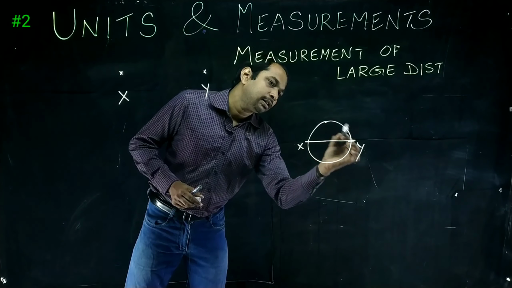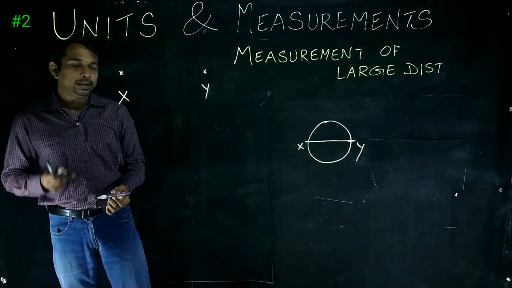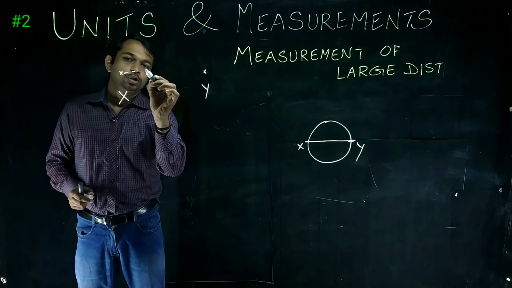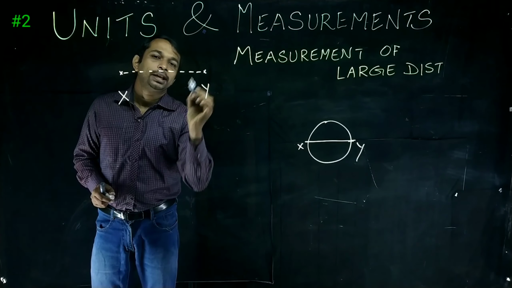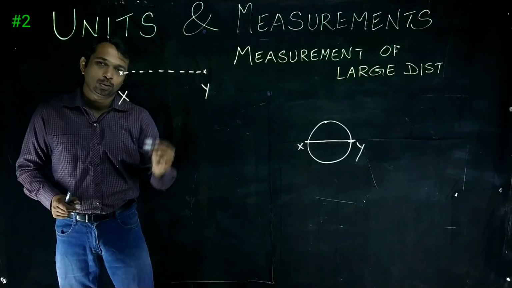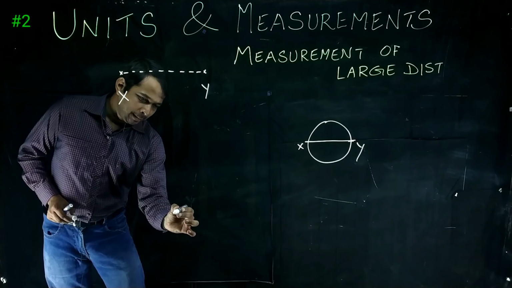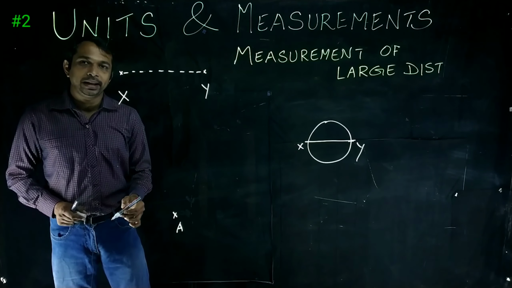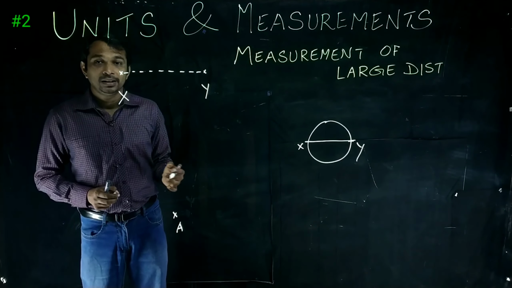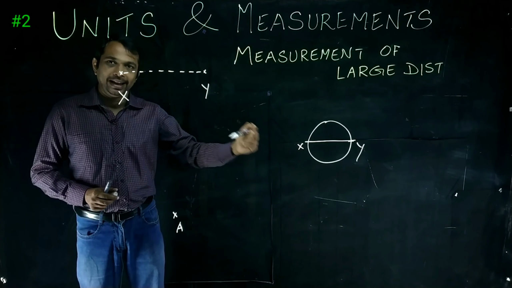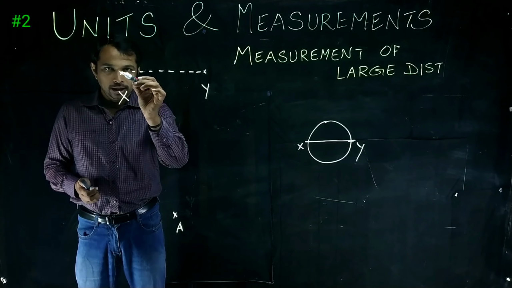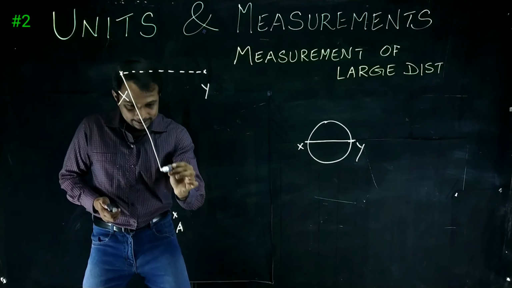That means the distance between X and Y is the diameter of your Sun. This is the value that we have to find out, this XY. Now you have a basis here, the same city A. This is actually called a basis. In the last portion we had two bases, A and B. Here we are taking only one point. Now let me join these 2 points.